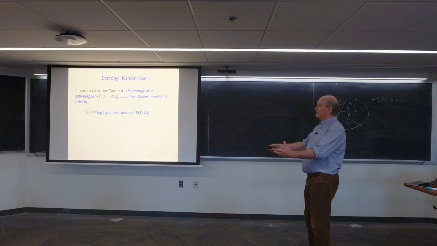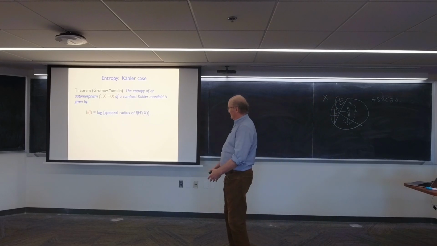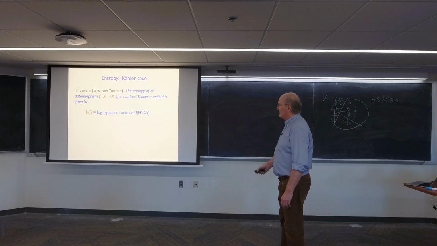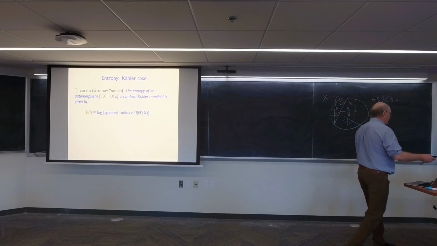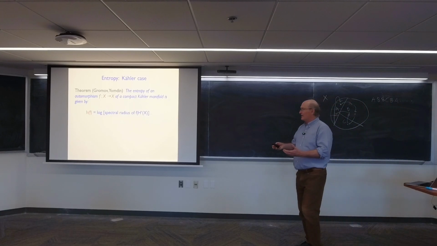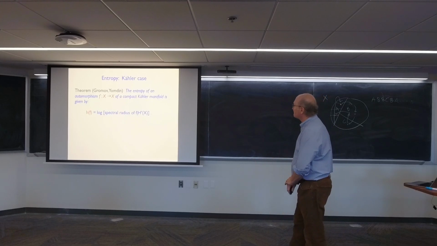That map has a spectral radius, or largest eigenvalue. And these 2 authors prove that the entropy is simply the log of that leading eigenvalue. And that leading eigenvalue, by the way, is always an algebraic integer because the integral structure of the cohomology, the integral cohomology, is preserved by the action of f.